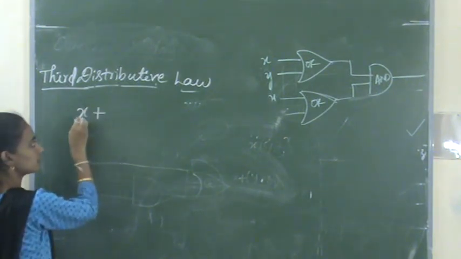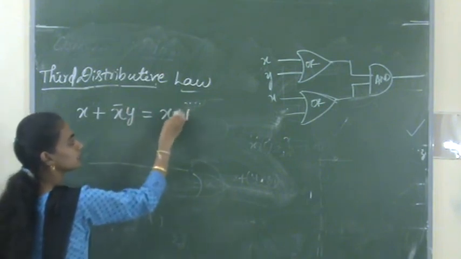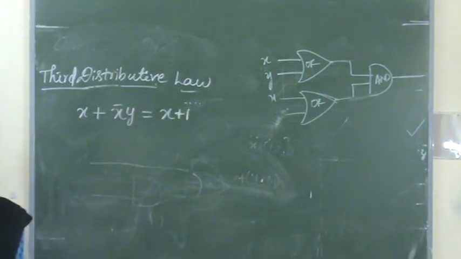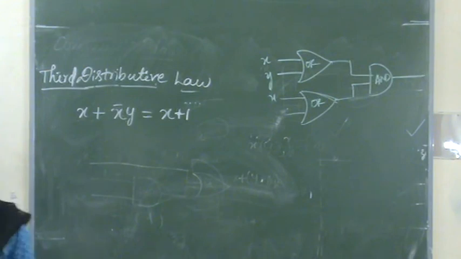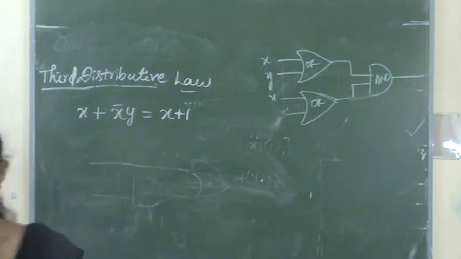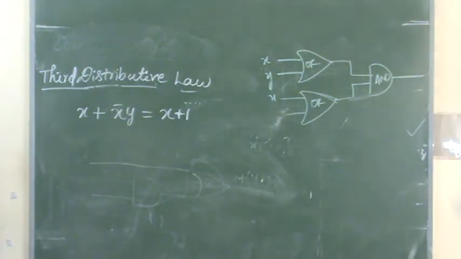So this law states that x plus x bar y is equal to x plus y. So before that we have the absorption law. Okay. So let me study these concepts in the next class.